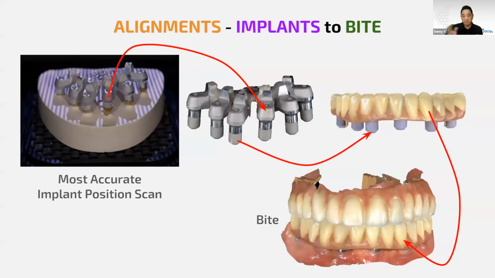And then we'll use the teeth from the prosthesis that was scanned with those analog scan caps to align the prosthesis to that bite. So now you could see how we could actually align three-dimensionally the implant positions all the way back into the bite of this patient.